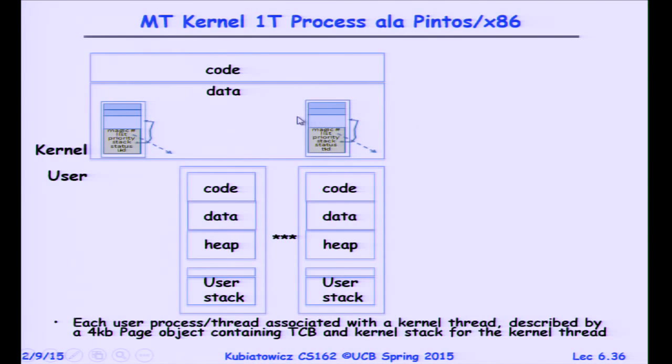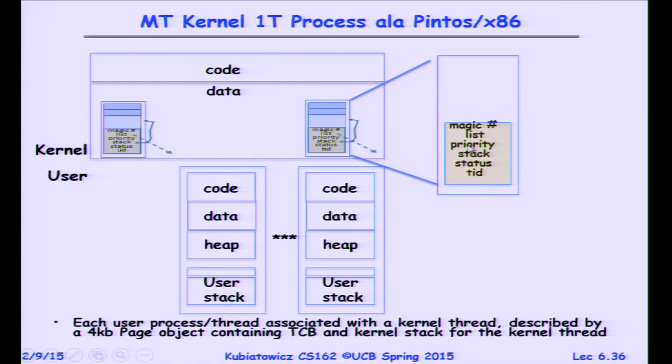And what's in these various kernel threads? Well, basically there's a thread ID, there's some status, there's a stack pointer, there's some other things, there's a list, which is sort of linking together everybody on the run queue. There's a magic number. Okay, and then the rest of this sucker is for stack.